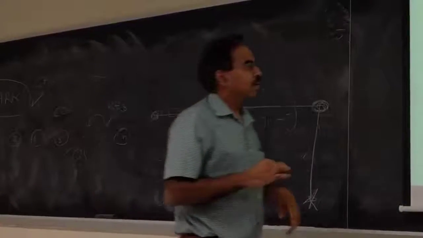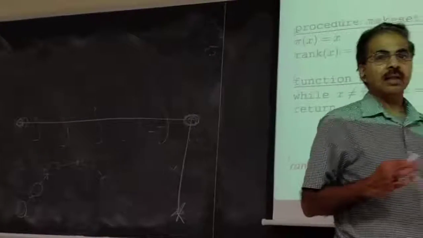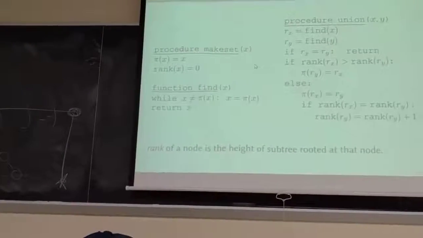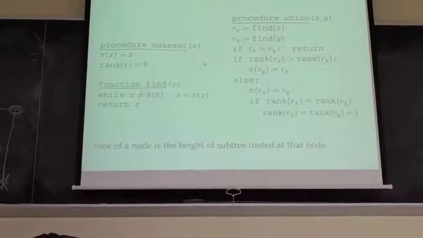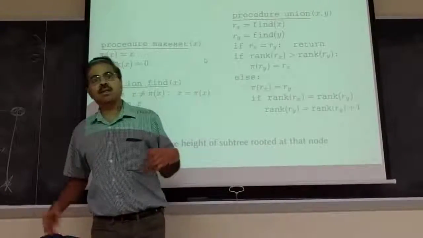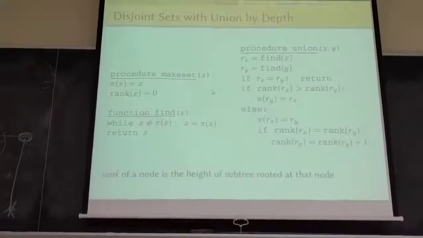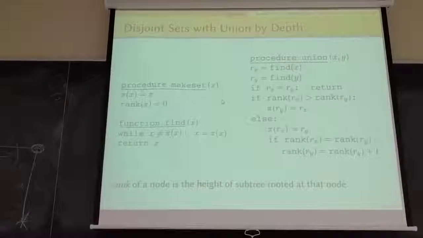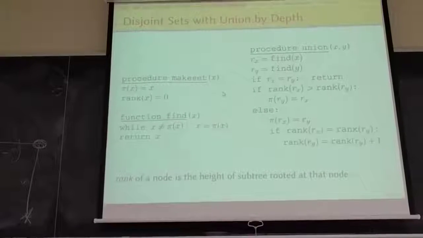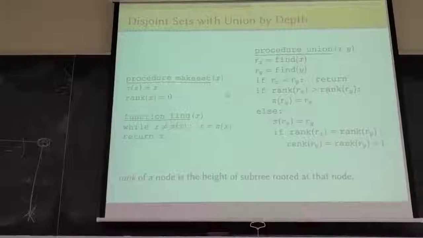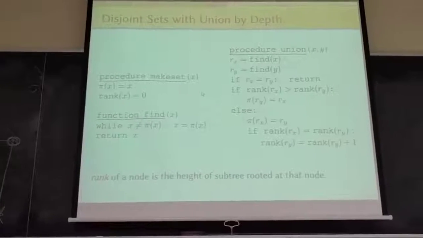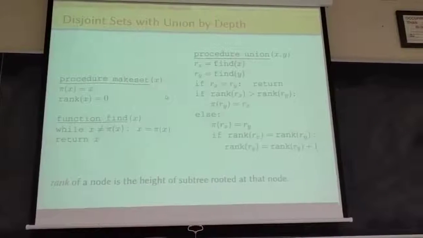So if they have the same heights, then when you put a parent pointer from one of them to the other, the height increases by 1. But if they are not the same, then you're simply going to make the smaller tree point to the larger tree, in which case the larger tree's depth is not going to change, because the larger tree already has subtrees of the same rank. So that's the example.